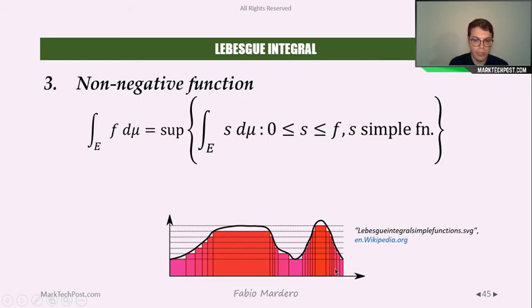So f, for example, in this 2D graph, should stay beyond the f line that is in here in black. We compute the integral of the simple function, and then we say we want the supremum of this integral on the simple function. This implicitly means that we want to find the simple function that is closer to f. Again, we are doing a sort of limit here.